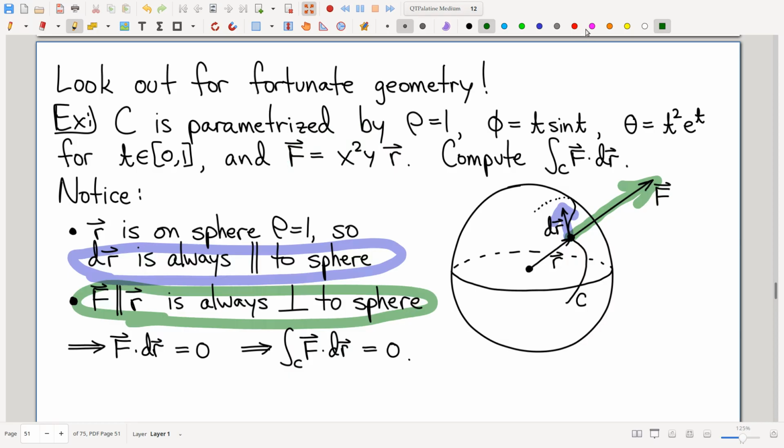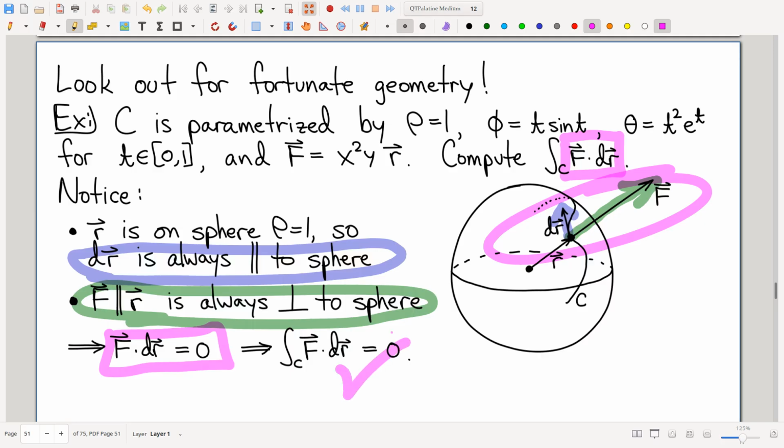And that means that these two vectors are always perpendicular to each other, or at least they're always orthogonal to each other. That means that this dot product is always 0 because they're orthogonal. And that means that my integral is 0. Didn't have to deal with that nasty parameterization, didn't have to pull back through anything, didn't have to compute the velocity, didn't have to do any single variable calculus. Geometric observations.